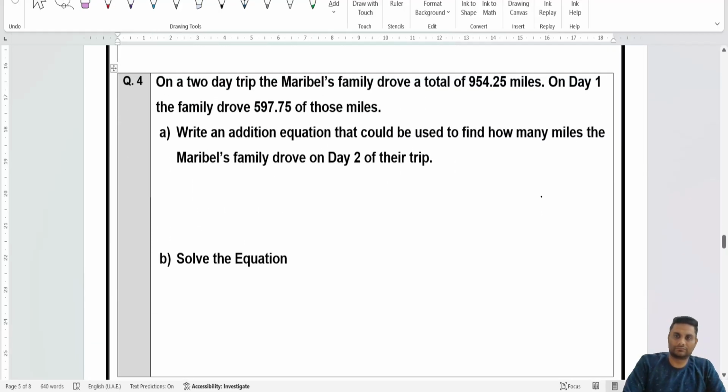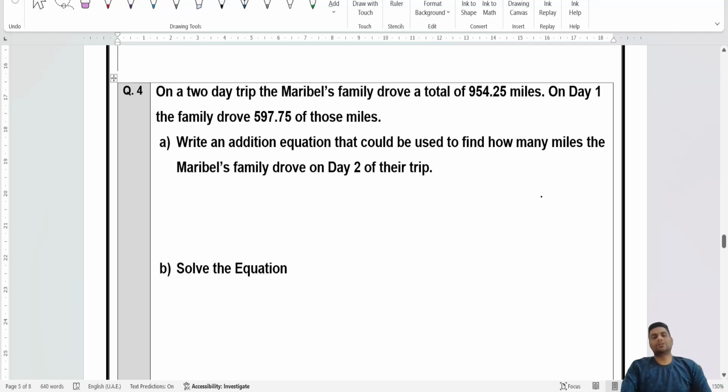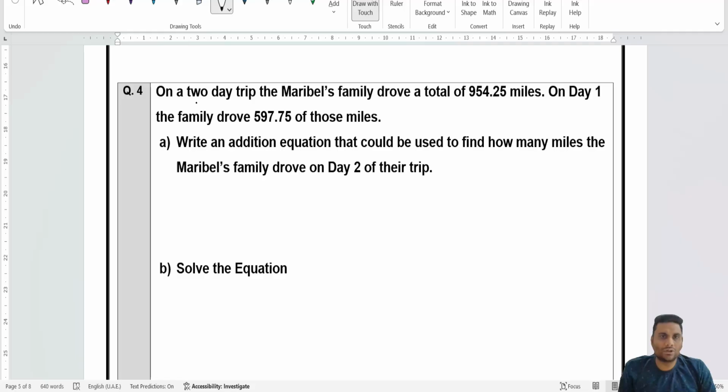Question number 4. On a 2-day trip, Maribel's family drove a total of 954.25 miles. Okay, the family was driving, and in total how many miles did they drive? 954.25 miles, in 2 days.